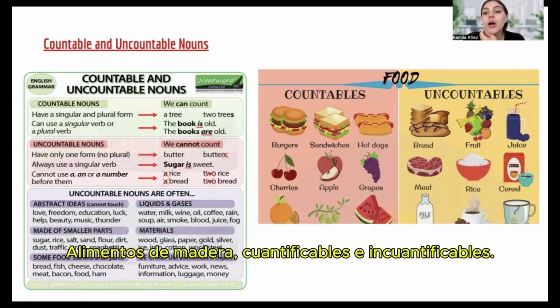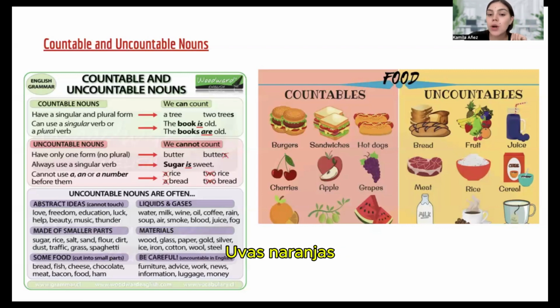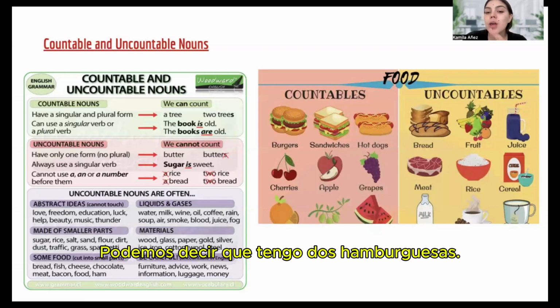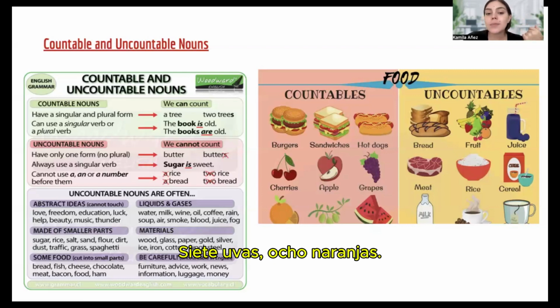What foods are countable and uncountable? For food countables, we have burgers, sandwiches, hot dogs, cherries, apples, grapes, oranges, olives, watermelon. So we can say I have 2 burgers, 3 sandwiches, 4 hot dogs, 5 cherries, 6 apples, 7 grapes, 8 oranges, 9 olives, and 10 watermelons.